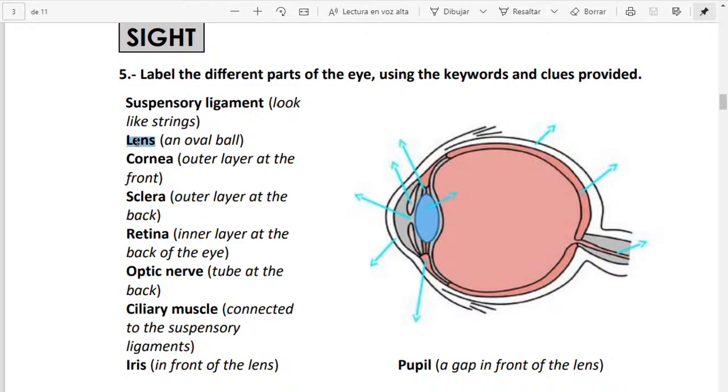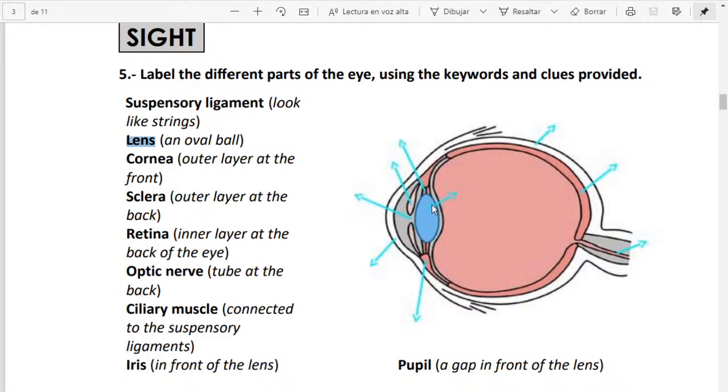So the lens is this blue part. This blue part is called lens. Pointing to this arrow, that is lens. You have to write down here lens.